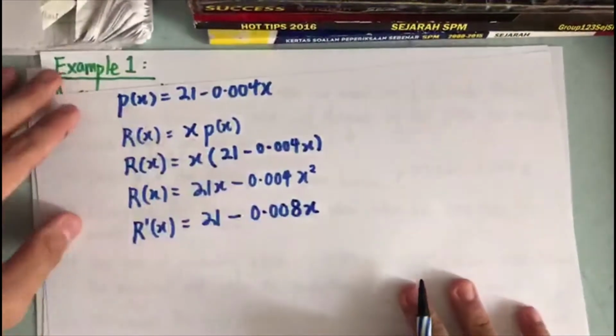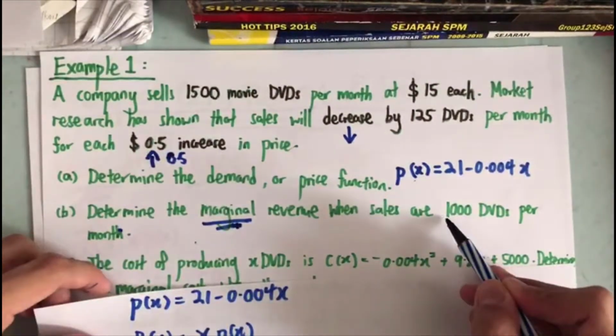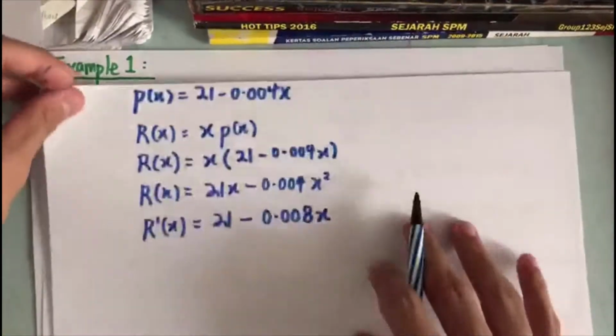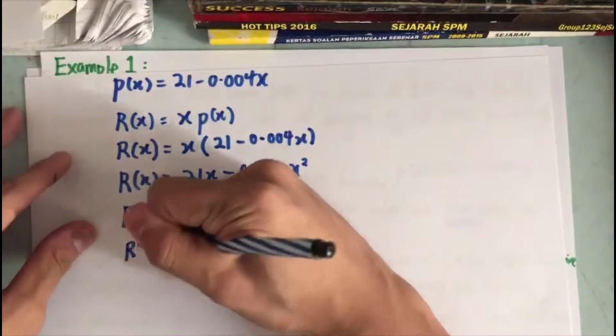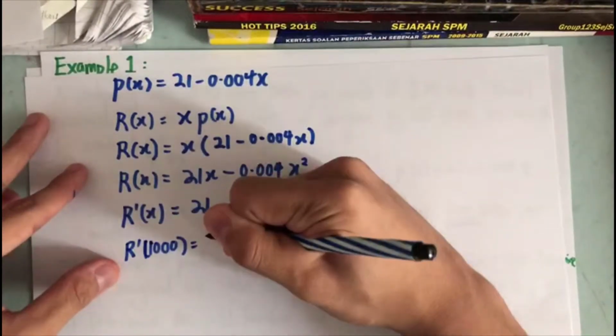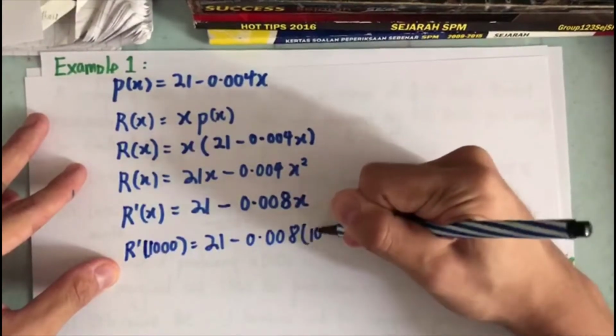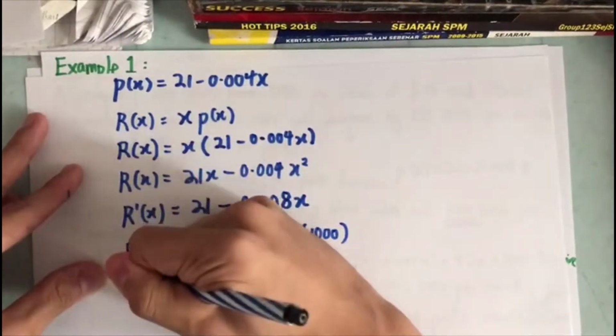Then it says find the marginal revenue when the sales are 1,000 DVDs. Therefore, substitute 1,000 into the marginal revenue function. Then you will find the answer.